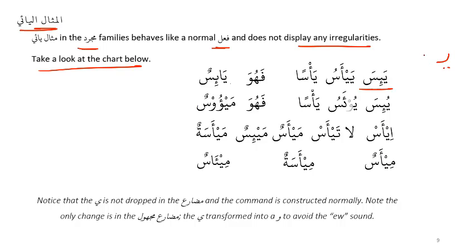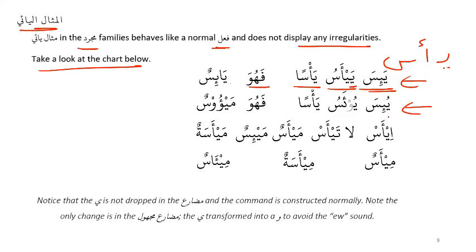We have ya, hamza, and sin. How will I make this mudare? I just add the mudare indicator: ya'asu. So this is like samiya, yasma'u. So ya'isa, ya'asu, and ya'san is the masdar. Fahuwa ya'isun. This follows the pattern fa'ilun. So this is all good.